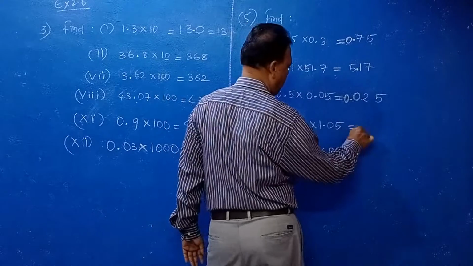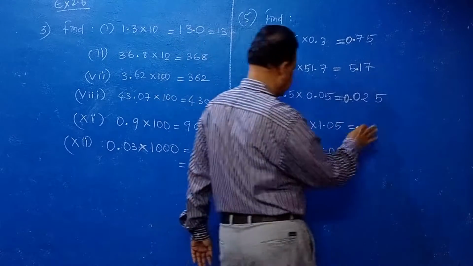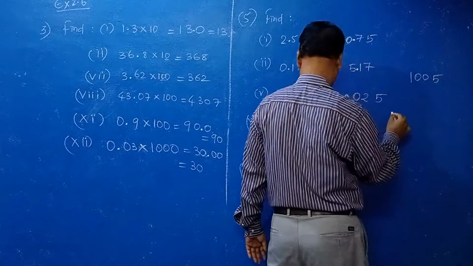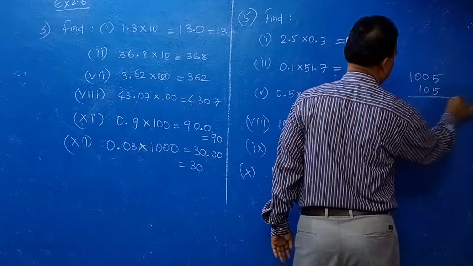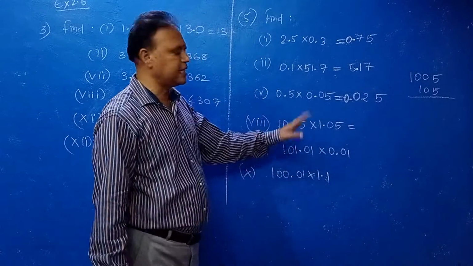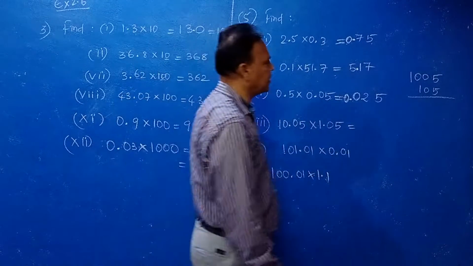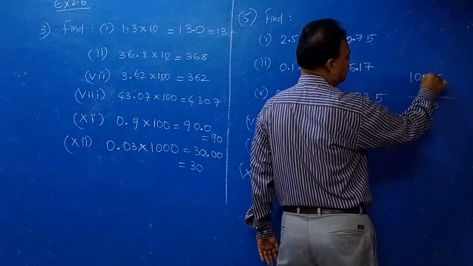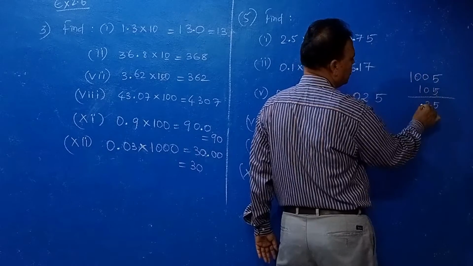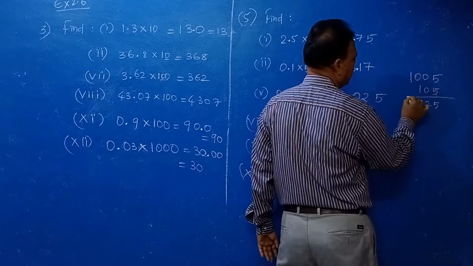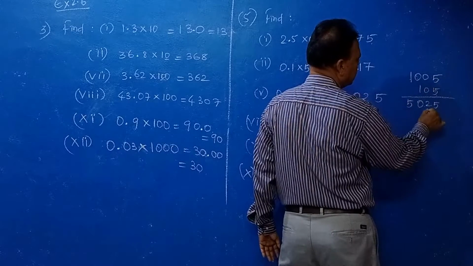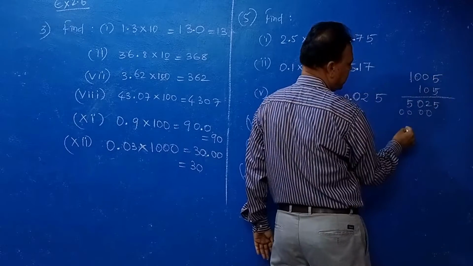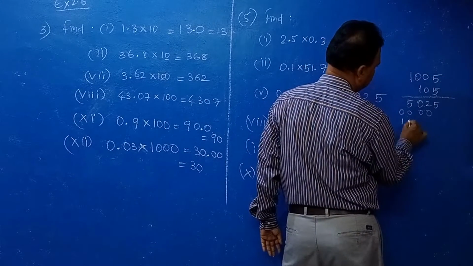Now here, ignore the decimal and multiply in a row-wise column. Simply write the number and multiply. 5 into 5, 25. Then 5 into 0, 0. Here 5. Here 0 multiplied means all 0. Here 1 multiplied means the same number. 1, 0, 0.